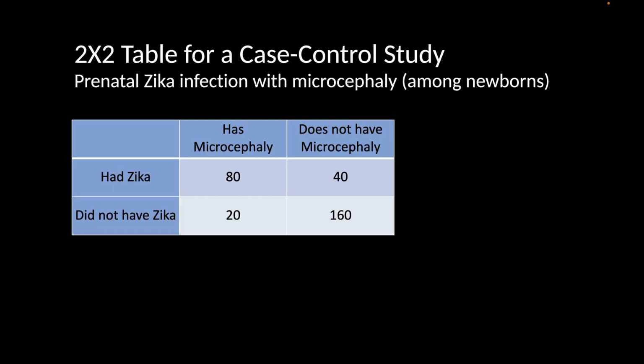So here I have my 2x2 table that we had before. And so now I want you to imagine a case control study that actually was done. I've made up these numbers, but this is based off of a real example, looking at Zika infection in pregnancy and the development of an infant with microcephaly.